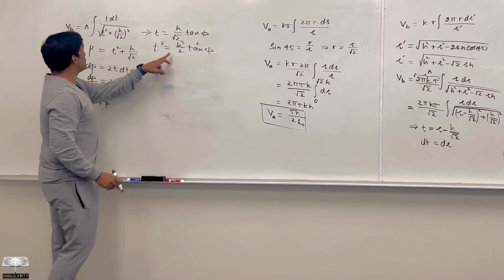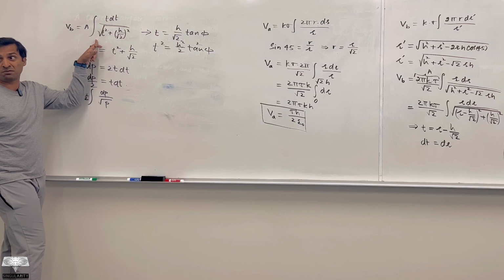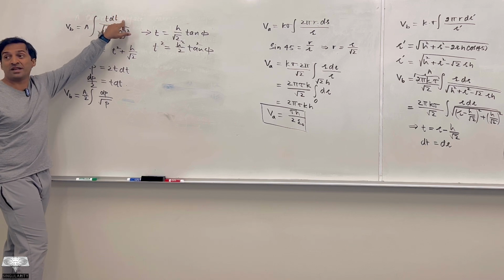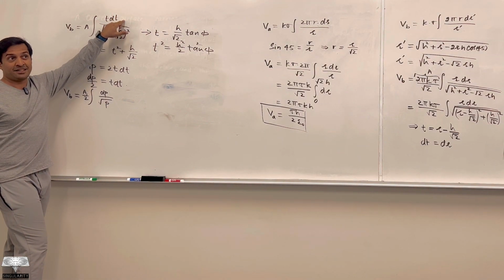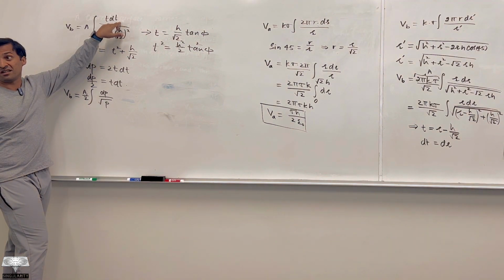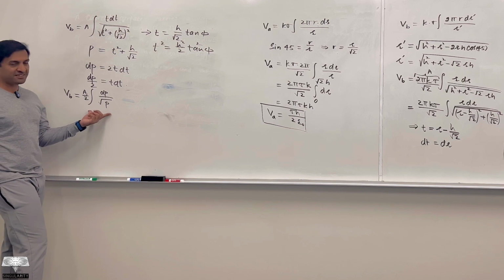You take h square by 2 common out of this square root, and this becomes 1 plus tan square phi, which is secant square phi. And then in the numerator, you will have secant phi, secant square phi d phi. So you can just solve the problem from here, but one more substitution makes it very simple.